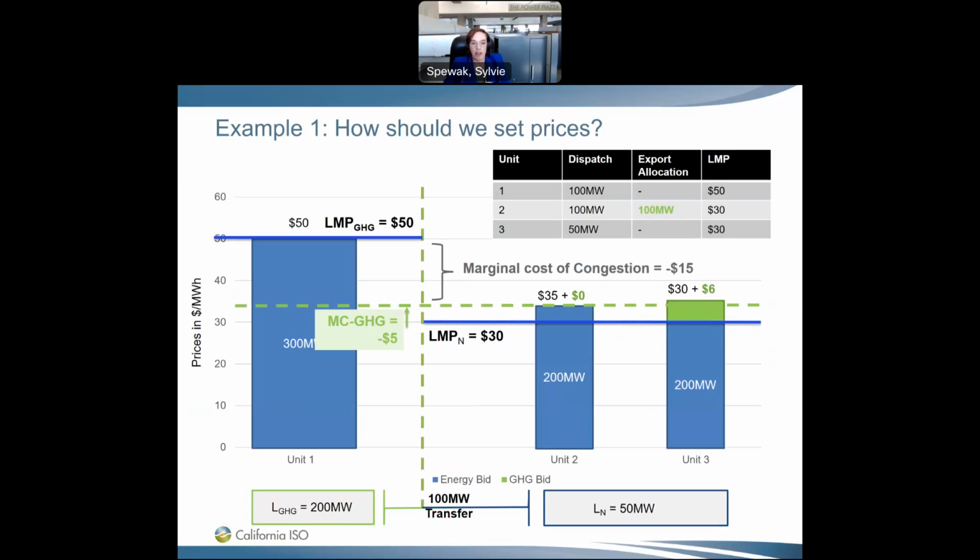So its combined price signal, LMPN plus the marginal cost of GHG, is its price signal. For this to be an efficient price signal, we want that price to be equal to this resource's bid price. Because it's the marginal unit, we don't want it to make any surplus profit because we don't need any more of it than 100 megawatts. We also want it to respond, so we know it needs to be something higher than $30 per megawatt hour.